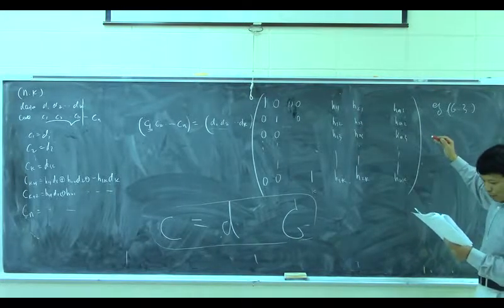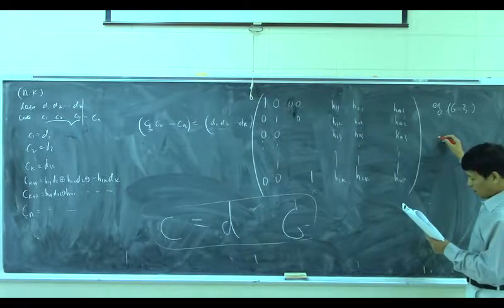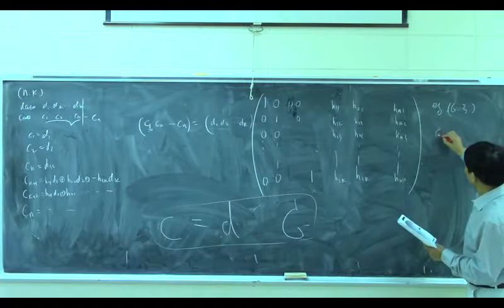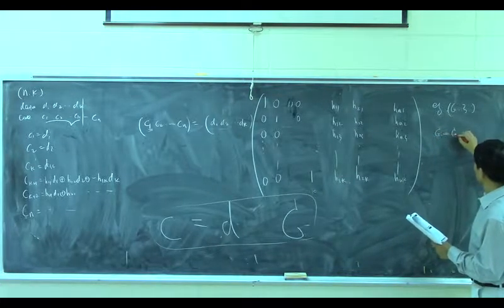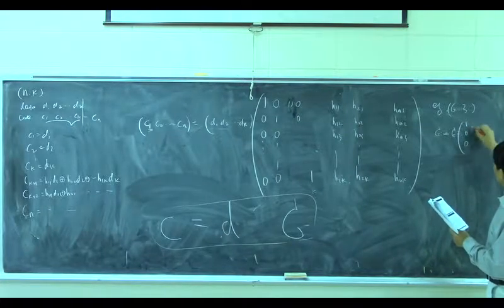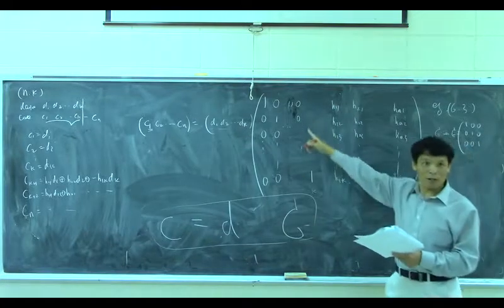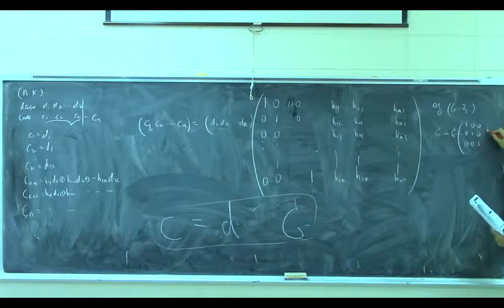I'll give you the generated matrix G equals 1 0 0, 0 1 0, 0 0 1. That is the first part, right? And this one equals 1 0 1, 0 1 1, 1 1 0.